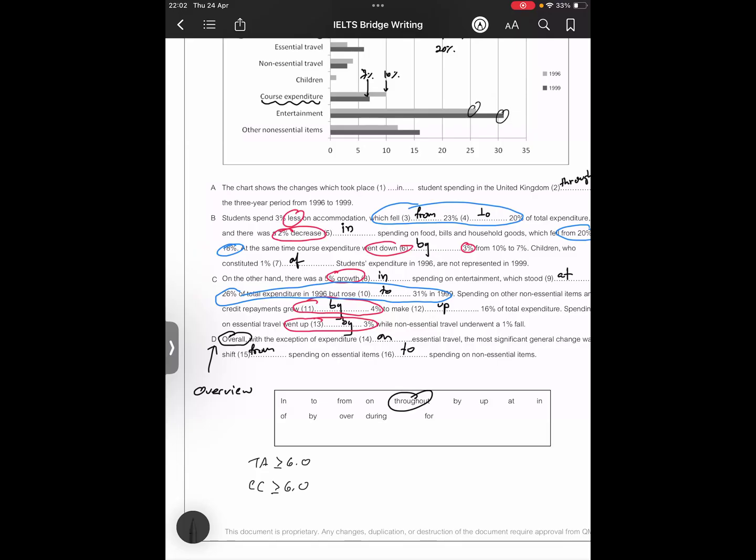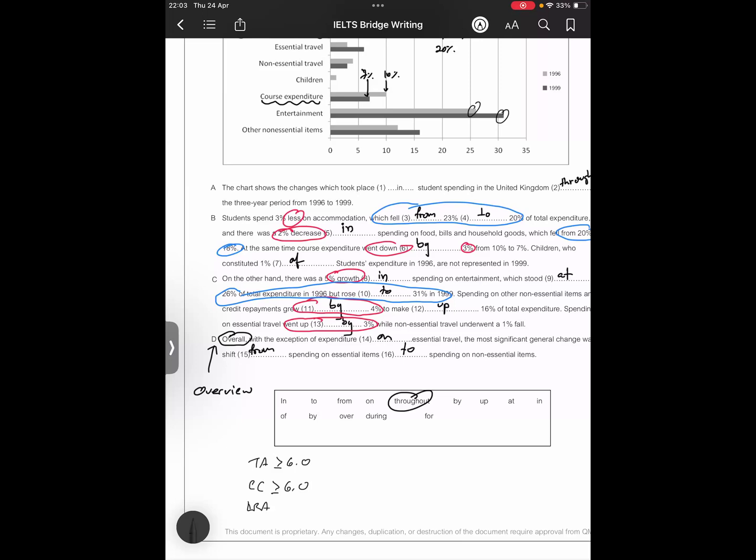Now, what could be done to improve this part is that there could be a better topic sentence for paragraph B and paragraph C. And of course, there should be more linking devices, but in order to have a greater variety of linking devices, the sentence relationships have to be more complex than this.